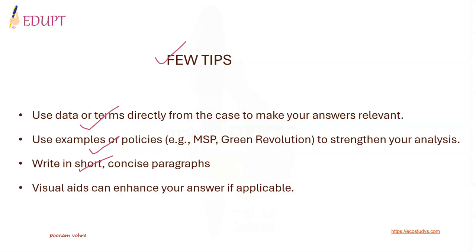Write in short, concise paragraphs or bullet points for easy readability and clarity. And use flowcharts or diagrams or any other visual aid that can enhance your answer wherever it is applicable. And obviously, allocate specific time to read the case, plan answers, and write concisely.